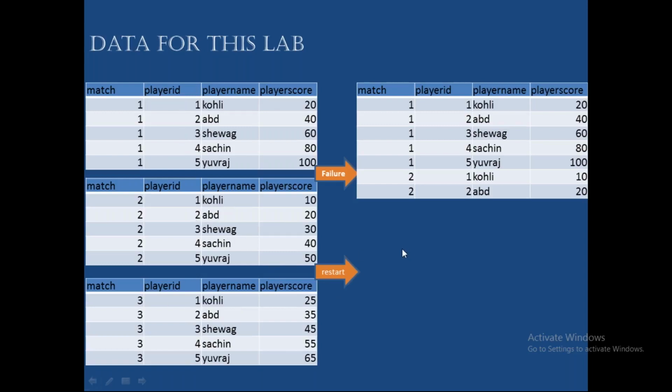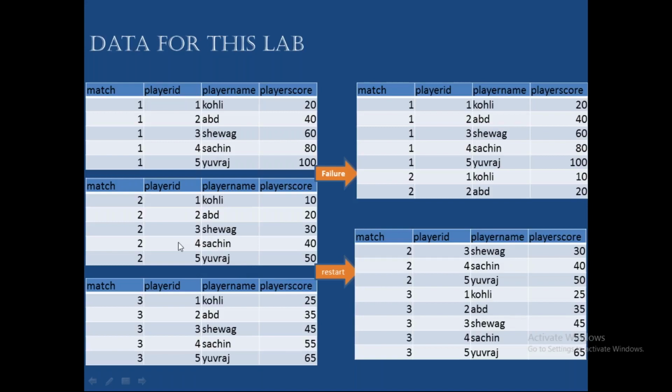No. My condition is that I need to control this by using something called the exists transformation. The exists transformation will check which records are already loaded into the target, and it is going to load only the records which you have not inserted. When I restart, it is going to insert only these 3 plus these 5, total 8 records, into our target.